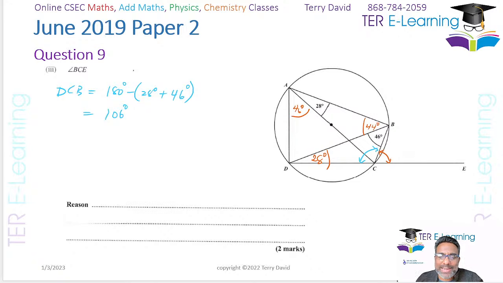If I know that angle is 106, then I can easily work out BCE. BCE is simply 180 minus 106, and you should get 74 degrees.